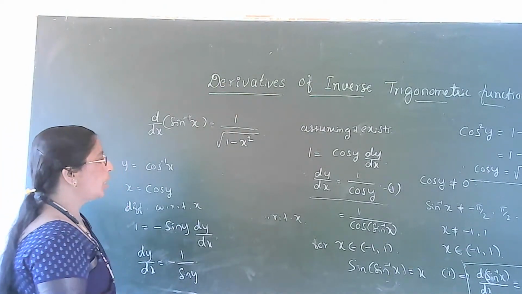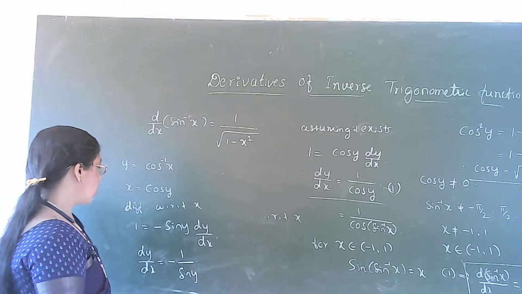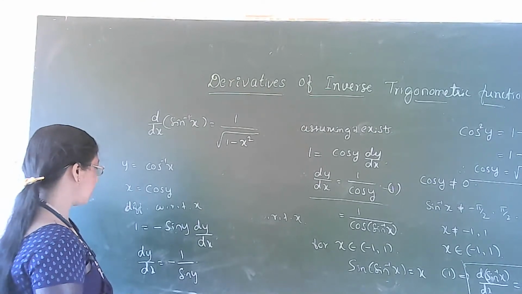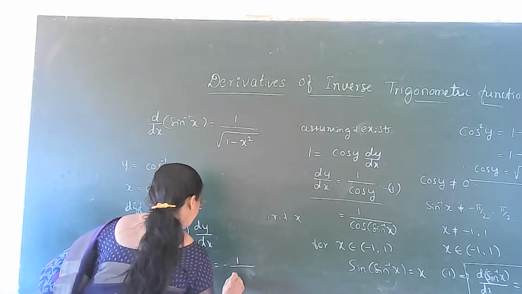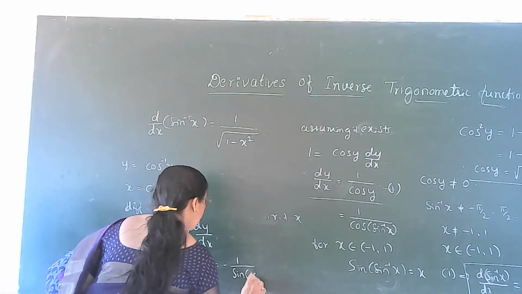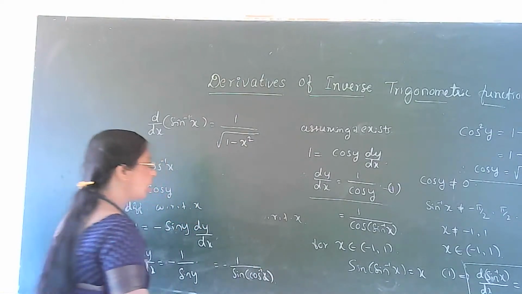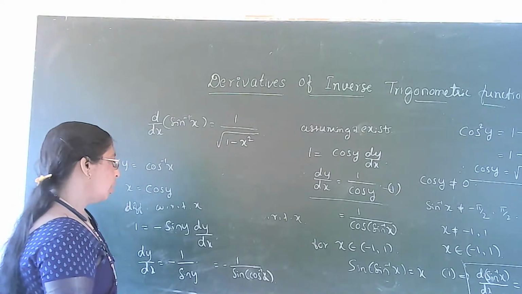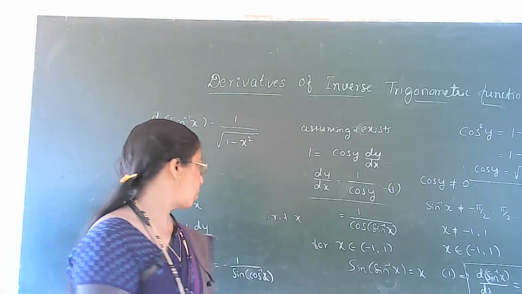Here also sin y is not equal to 0. Sin of cos inverse x is not equal to 0, that is, cos inverse x should not be equal to 0 or pi.